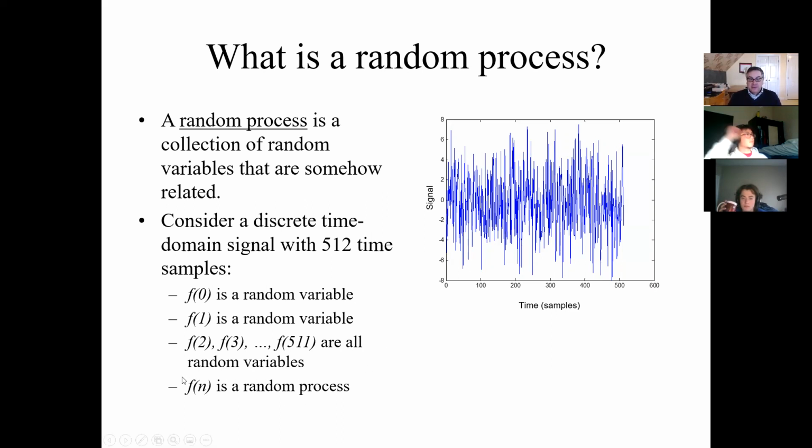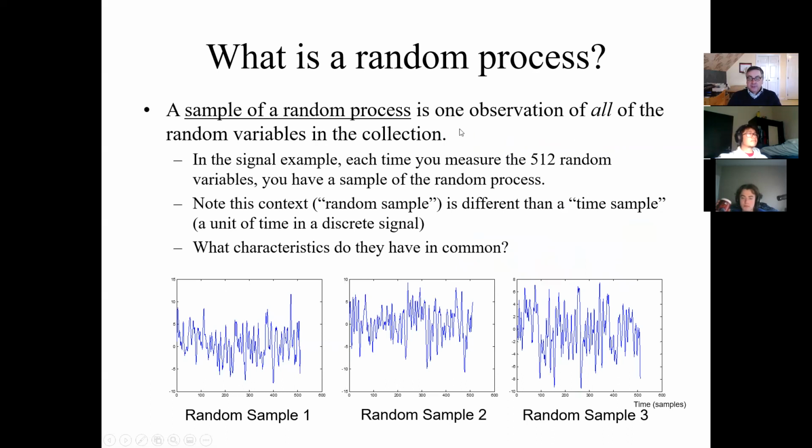And so we might refer to f of n as a random process. Now, the thing that makes it random is that every time we measure that signal, we're going to get a different thing. If it was deterministic, we would get the same signal every time, right? But that's not the kind of signal that we're interested in right now. And so these are random signals.